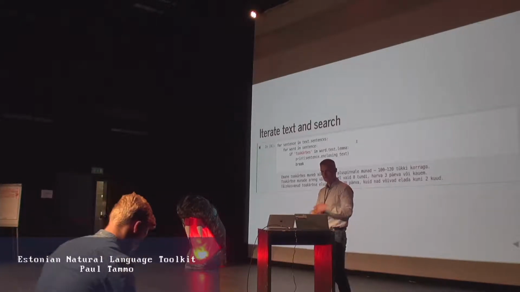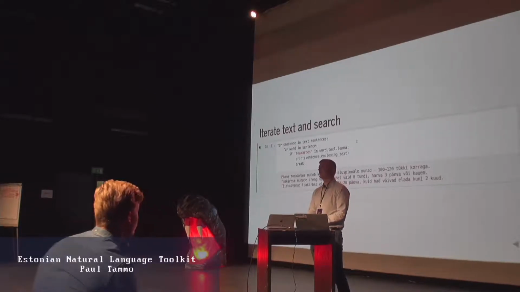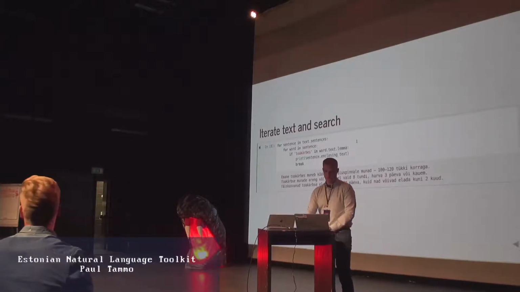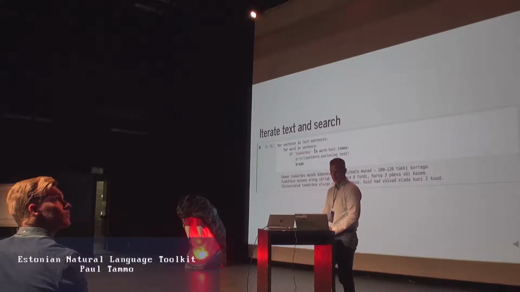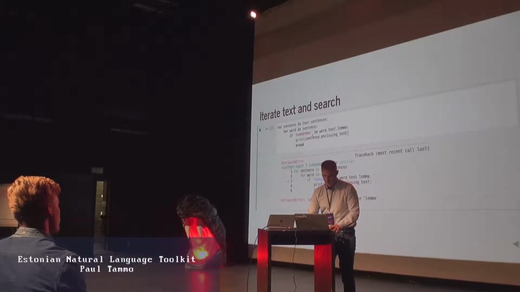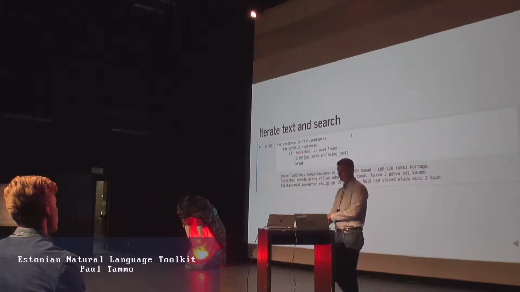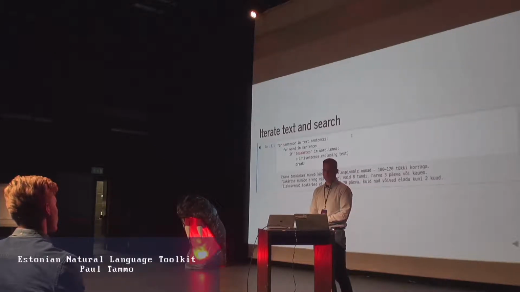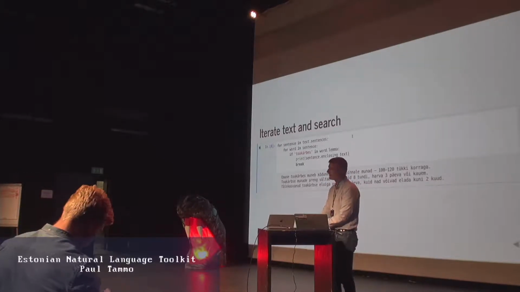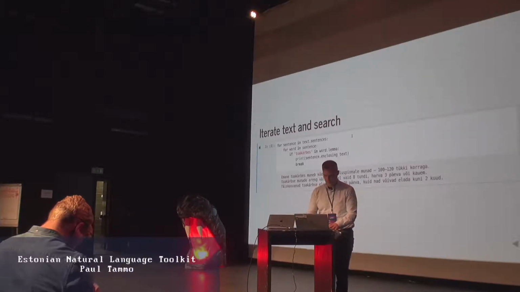So if I ask the word text.lemma, then I get a list of lemmas. So therefore the in stays here. That's true. word.lemma. And that's a nice way to find all the occurrences of different forms of the word from Estonian text.